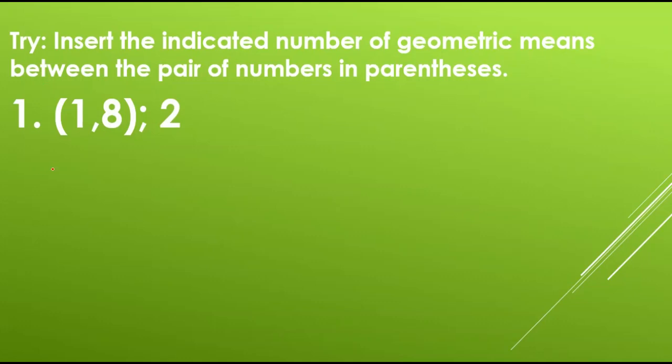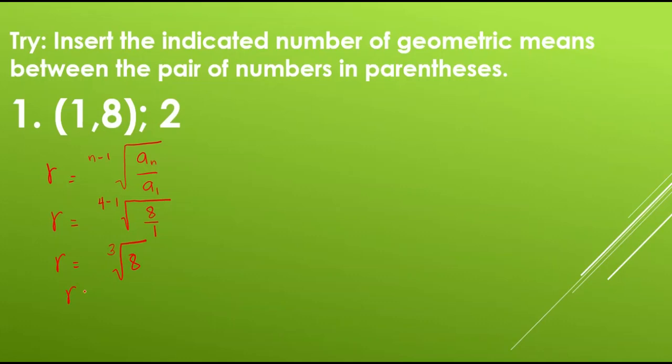Using the formula for r, which is the n minus 1 root of a sub n over a sub 1, r is equal to... since we are to insert 2, and we are given two terms, n is 4. So the 4 minus 1 root, the cube root, of your last term 8 over your first term 1. So r is equal to the cube root of 8 over 1, which is 8.